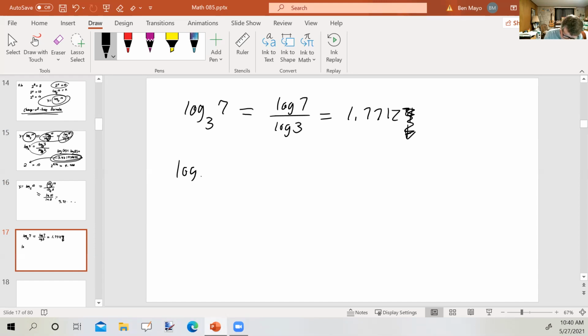Again, I want to point out that instead of using base 10, I could have used base e, and that would have given me the same result.